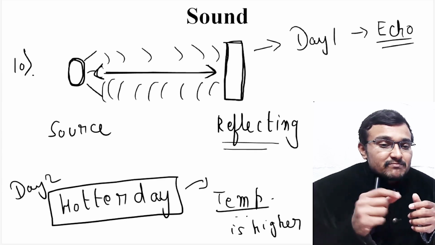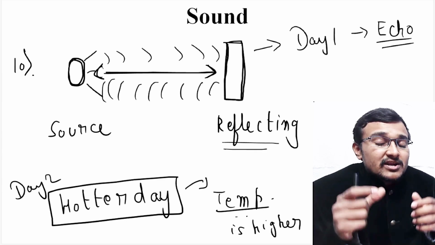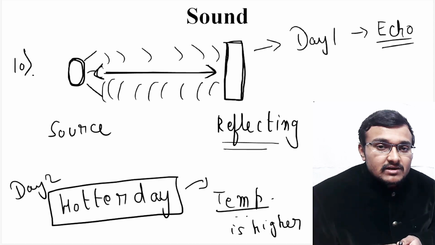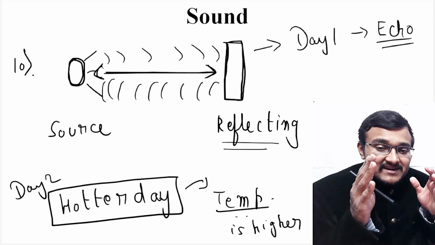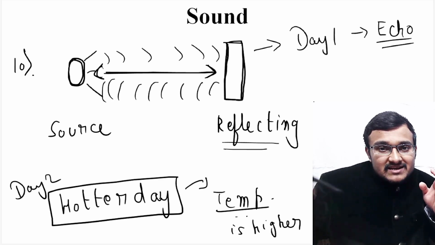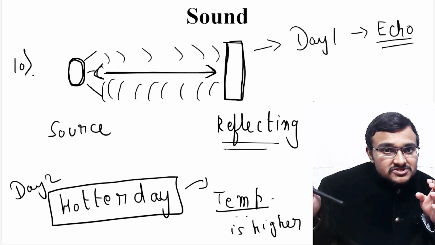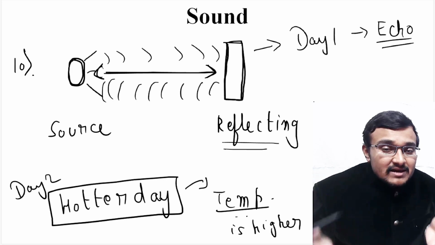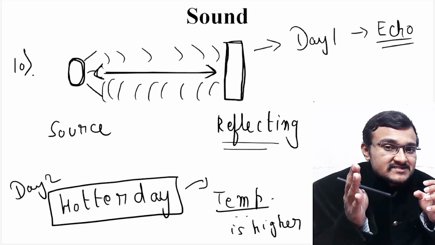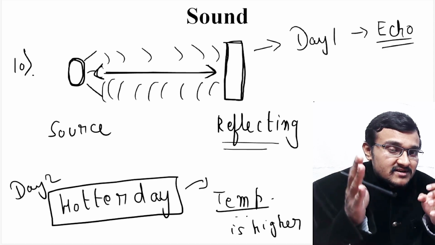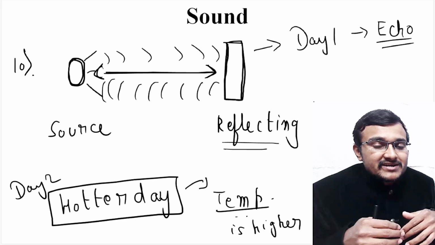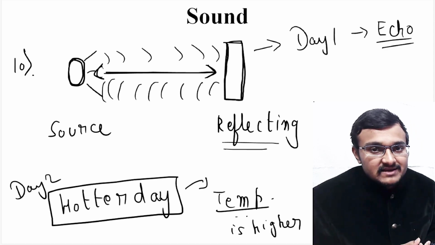Because it took less time compared to day 1, the echo was not heard. But again on a hotter day, if the reflecting surface is moved a little farther away from the source, then again the echo can be heard. Here the surface is adjusted such that echo is heard on day 1, but on a hotter day the echo is not heard properly.